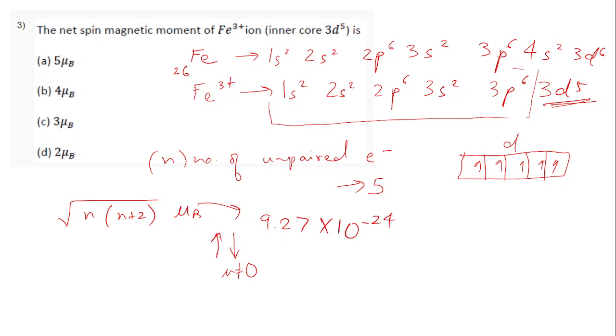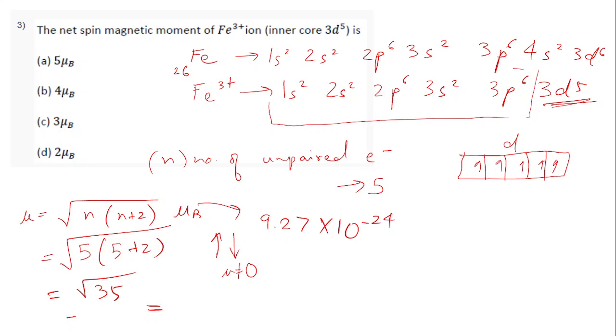So here, if n is 5, then this is the magnetic moment of the Fe3+ ion. This will be root of 35. Sorry, I think less than 6, because 6 squared is 36.